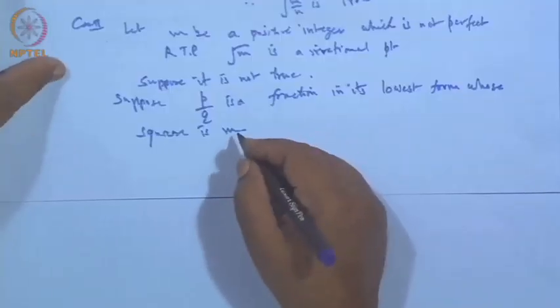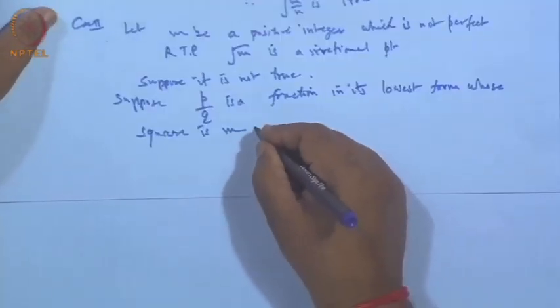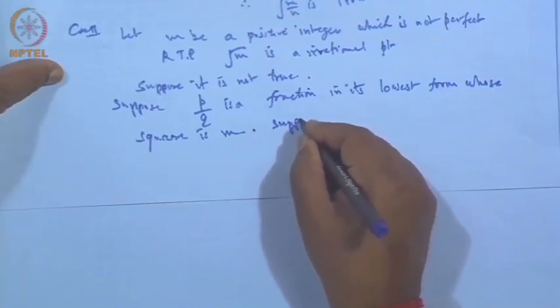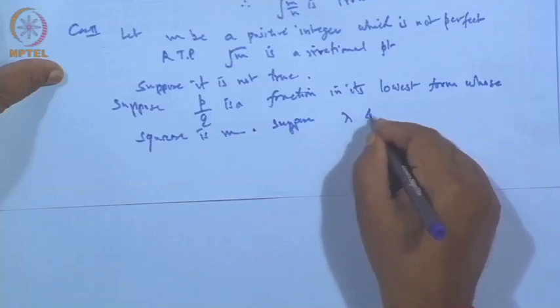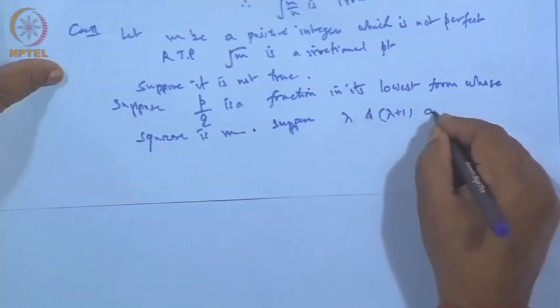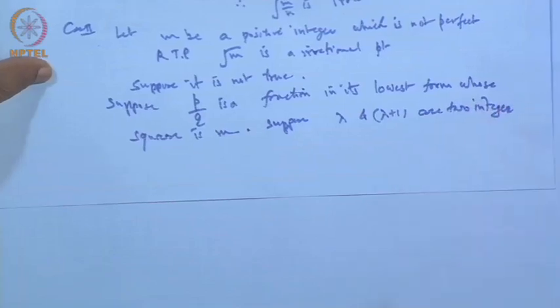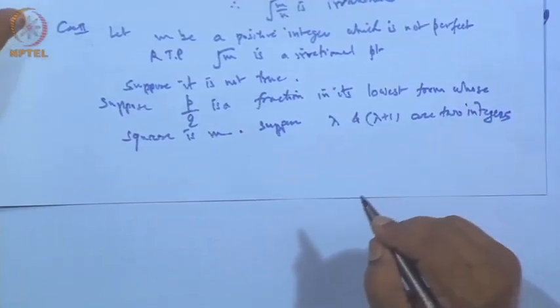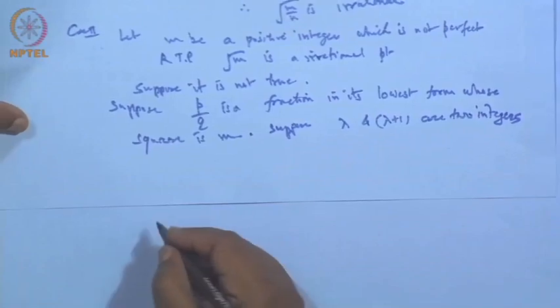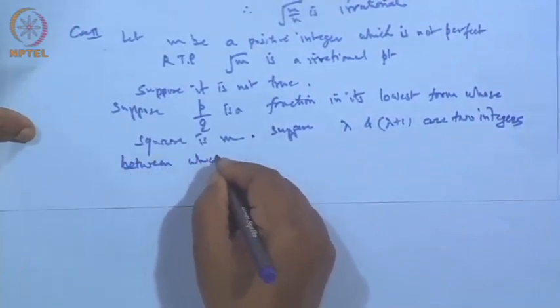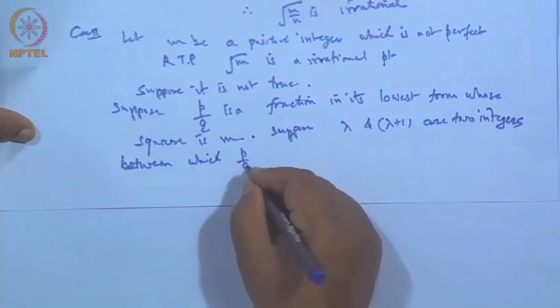So suppose lambda and lambda plus 1 are the two integers between which p by q lies.